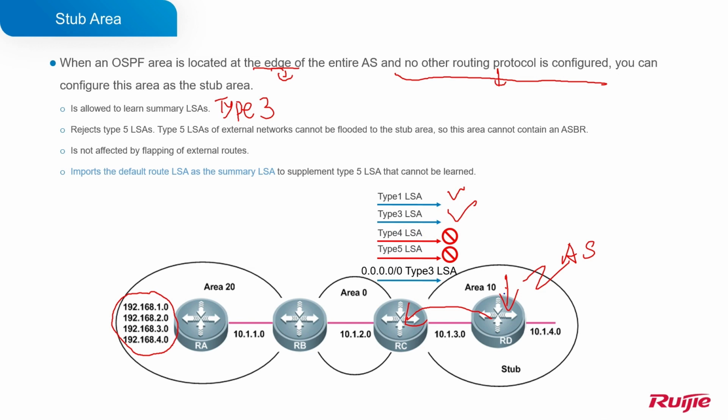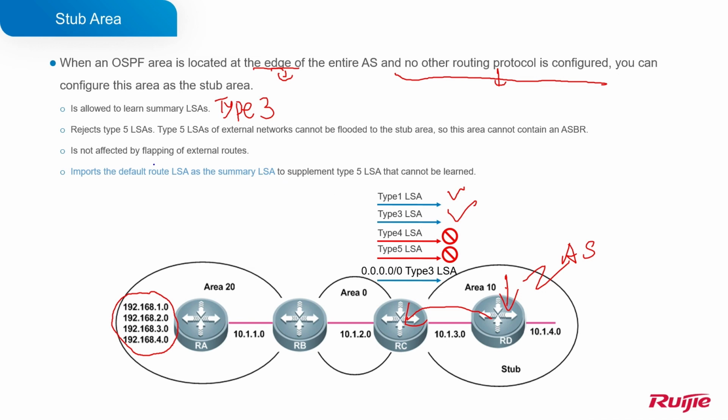Because we reject the type 5 LSA information, the stub area can't do redistribution. It means we can't set an ASBR device on the stub area.